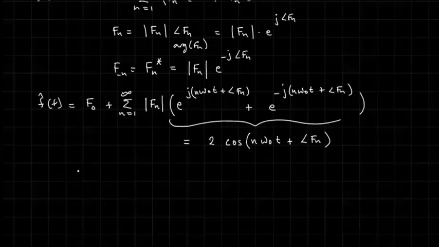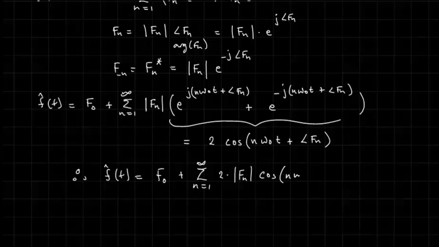So we can therefore write that f hat of t is equal to a possible DC term plus a sum of cosine terms, 2 times the magnitude of f of n times cosine of n omega naught t plus the angle of f of n.